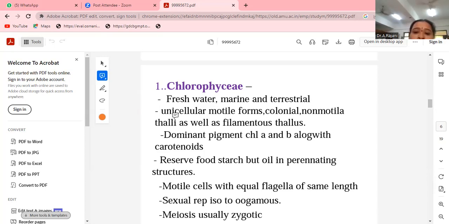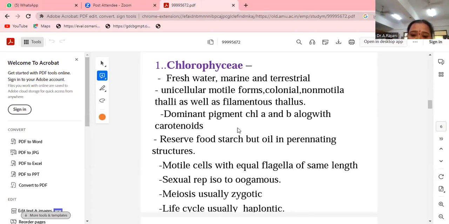What is the thallus formation? Unicellular motile forms, some algae colonial, some non-motile thallus, and some filamentous. These are the thallus structures.